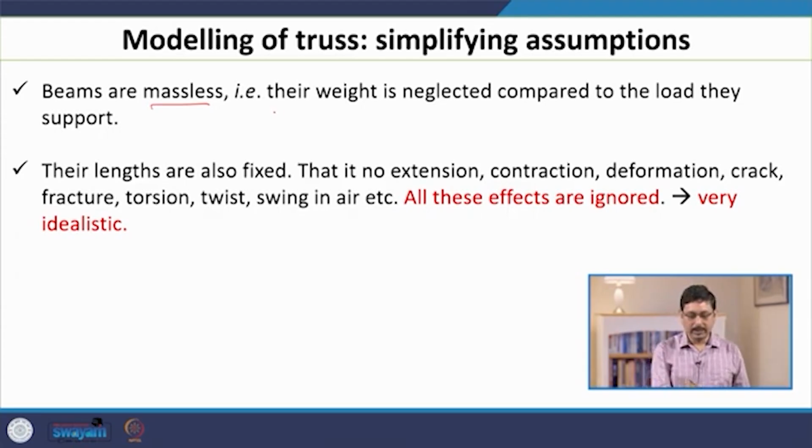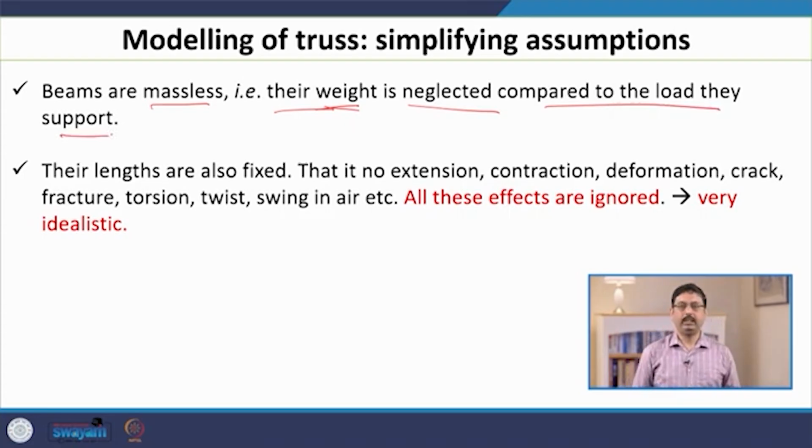It basically means that the external loads are quite high, so that the weight of the individual beams can be neglected compared to the load they support. This is a very simple assumption, because it immediately follows that the tension force along the beam is uniform throughout. So, we do not have to consider the variation of the tension force along a beam.